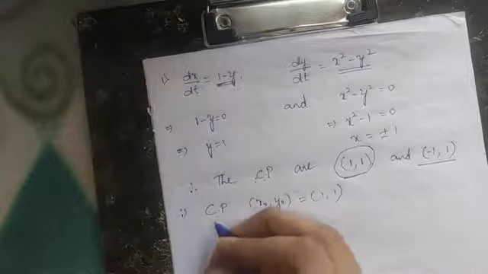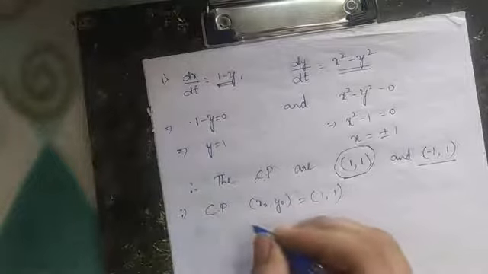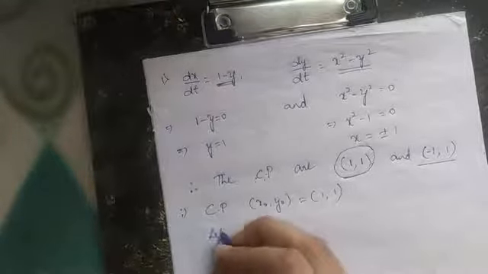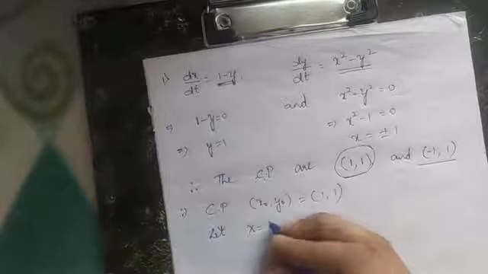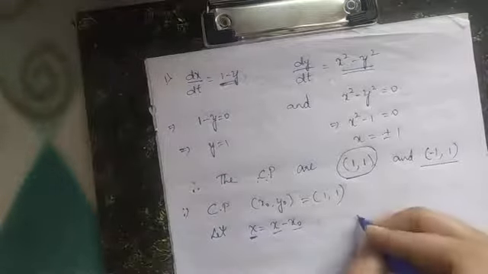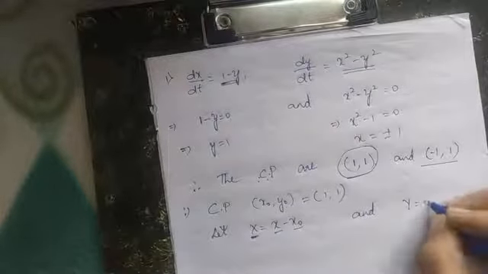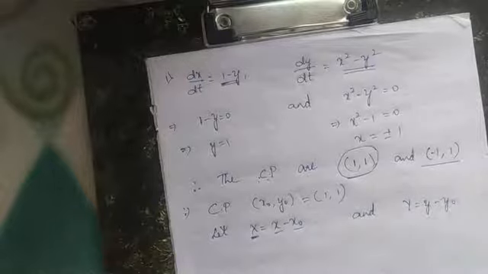Since this is a nonlinear differential equation, we will consider capital X is equal to x minus x naught. This is the procedure. And similarly capital Y is equal to y minus y naught.